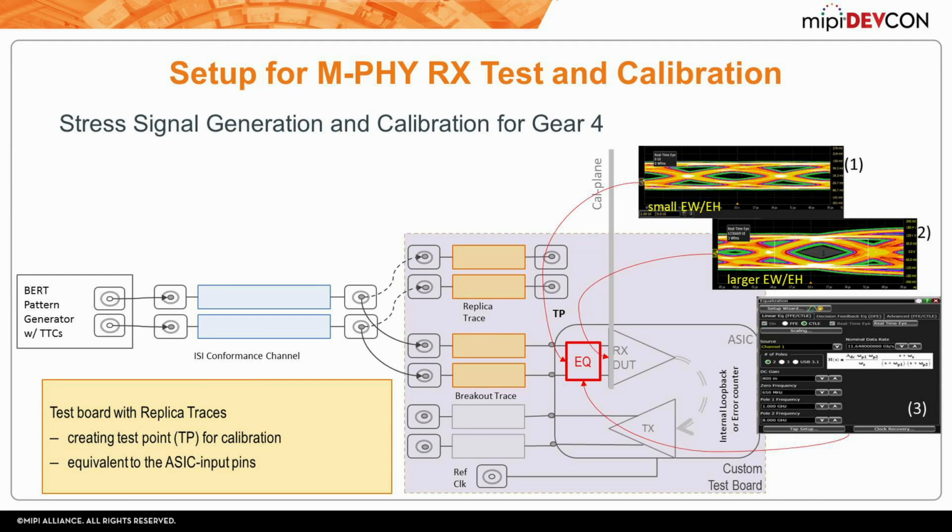When we look at gear 4, there's an added complication: there's an equalizer in place for gear 4, and we want our calibration done after that equalizer. So we do a similar process, where the equalization is done in the test tool itself. Here's the eye that might be present before the equalizer.